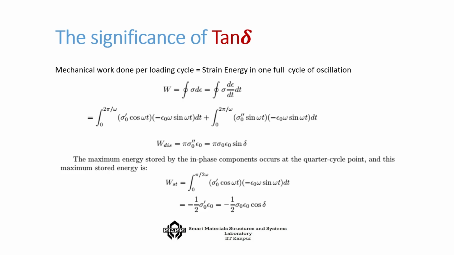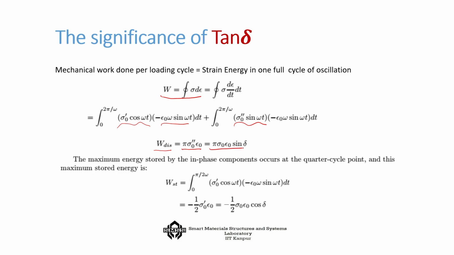I told you earlier about the definition of loss factor. For it you have to calculate the work done per loading cycle, which is the cyclic integral of sigma d epsilon, and then you can write d epsilon as d epsilon by dt, and write down these expressions of sigma in terms of the storage modulus and in terms of the loss modulus. You also know the energy that is dissipated because of the loss modulus, pi sigma 0 double prime epsilon 0.